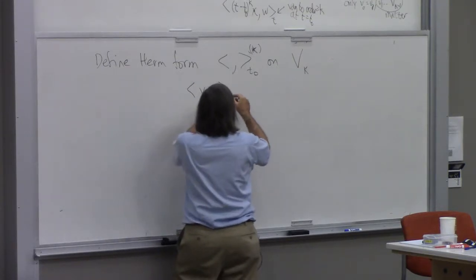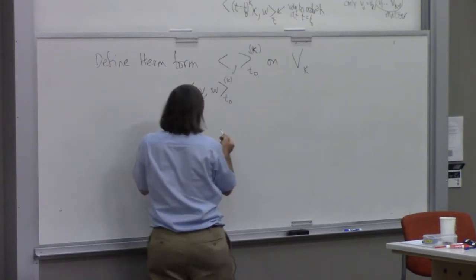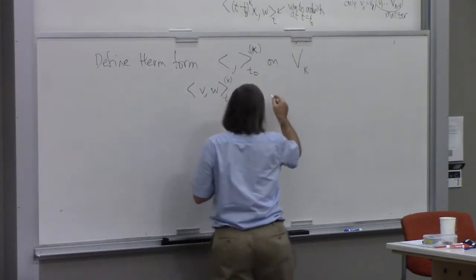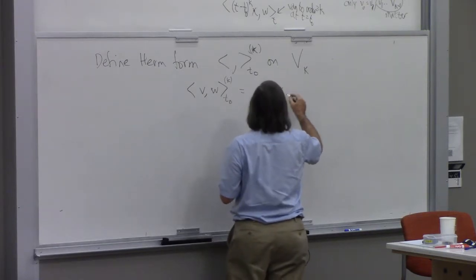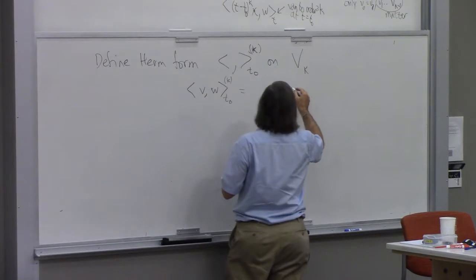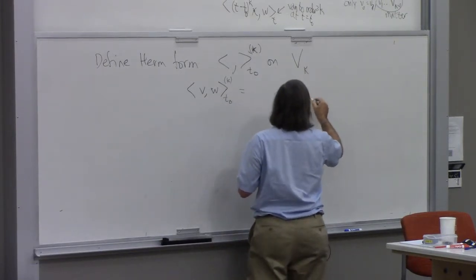If you have two things, the fact that they belong here is given by phi sub v, phi sub w.